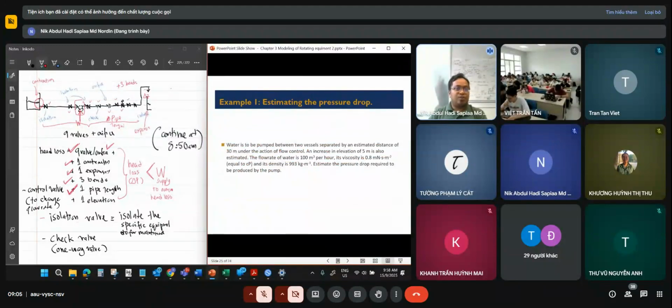So let's go straight into this example. We have water to be pumped between two vessels separated by an estimated distance of 30 meters under action of flow control. An increase in elevation of 5 meters is also estimated.